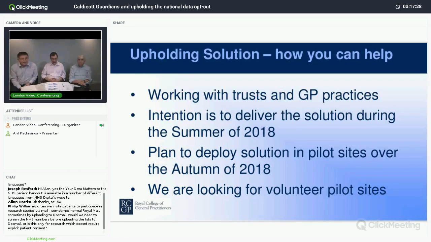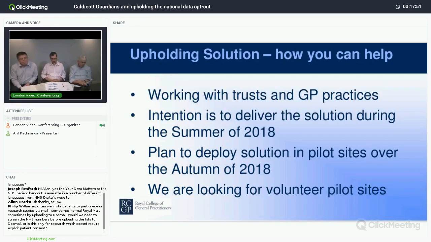It's probably fair to say that in the run up to 25th of May, our attention was all focused on the preference settings service for patients and making sure that we were upholding those preferences. But since then, we've been very much focused on making sure that we have this upholding solution available, and we're still on track to have that available by the end of the summer this year.